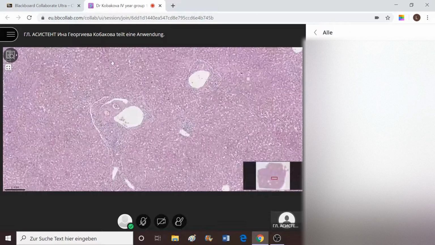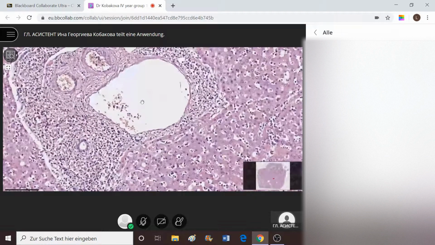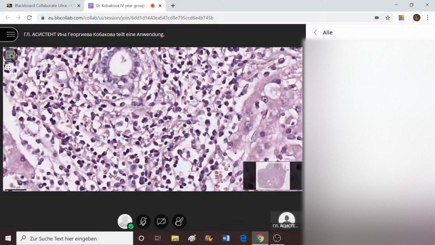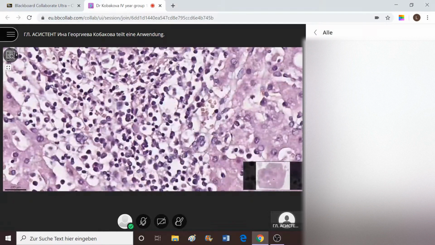In this type of change, if we take a closer look at the cells of the inflammatory infiltrate, we see that they are enlarged, much larger than the surrounding erythrocytes. These are not appearing either as mature lymphocytes or mature plasmocytes.